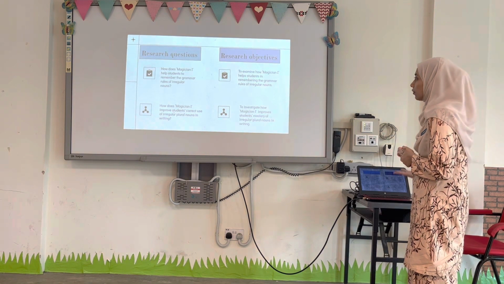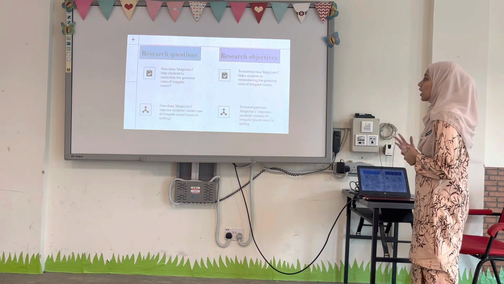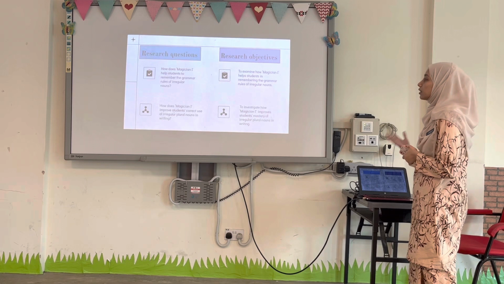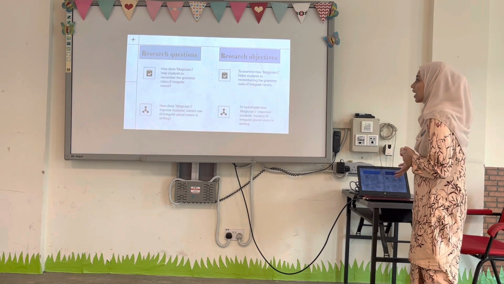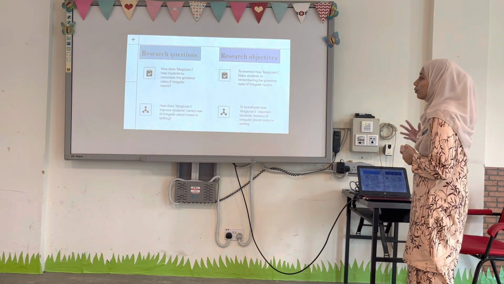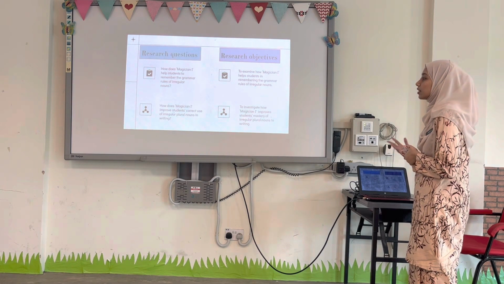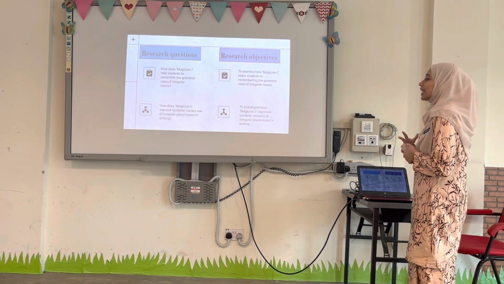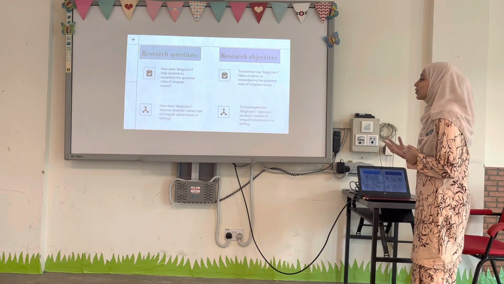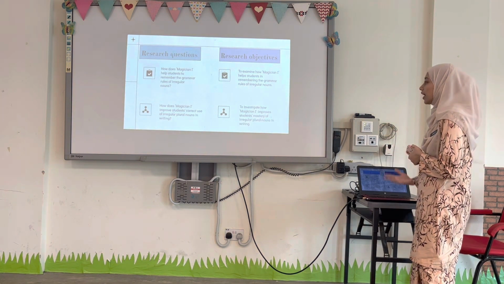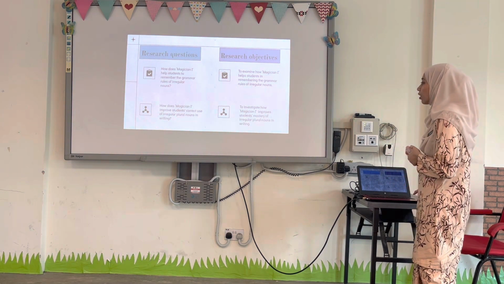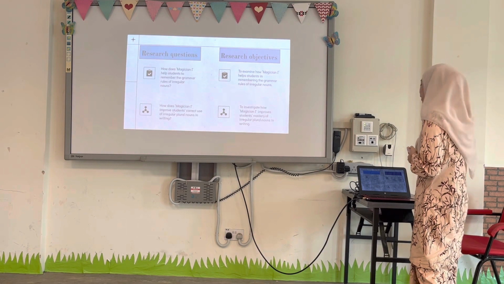Meanwhile, the objective is to examine how Magician I helps students in remembering the grammar rules of irregular nouns. And the last question is how does Magician I improve students' correct use of irregular plural nouns in writing, and to investigate how Magician I improves students' mastery of irregular plural nouns in writing.